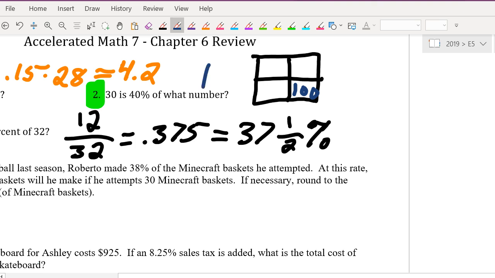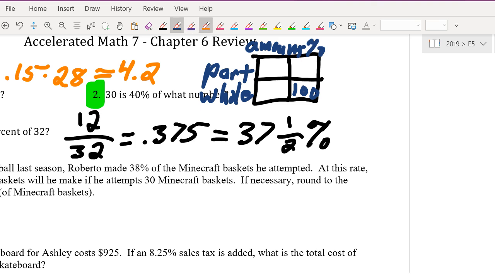All right, here we go. Part over whole. Amount over percentage. All right, so who thinks they know how to do this one? Go ahead, sir. You put 40% over 100. Right, so 40 is the percentage, so that goes here.